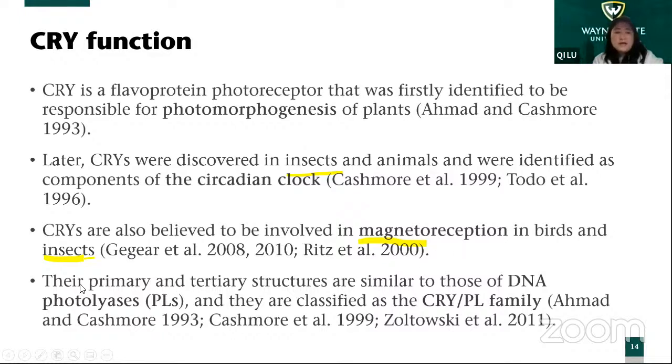And the CRYs are also similar to those of DNA photolyase, and are classified as the CRY-PHR family.